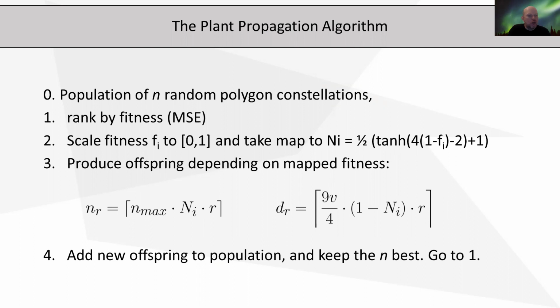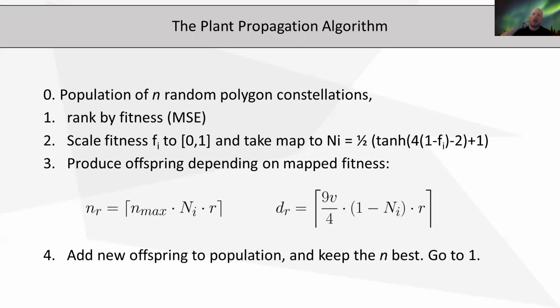So basically what you do is you have a population of polygon constellations in this case, or in some other problems, traveling salesman routes or university timetables. And the first thing we do is we rank them by fitness.